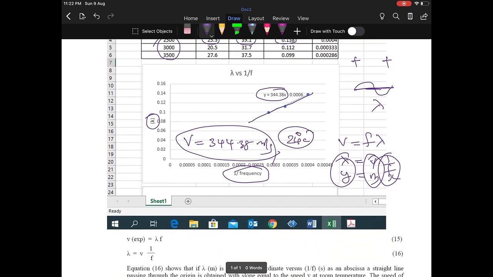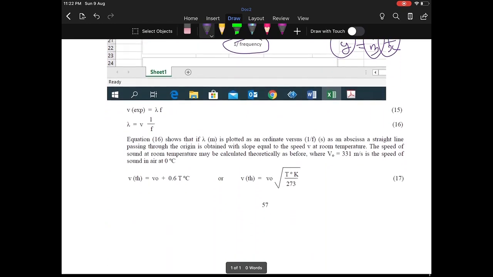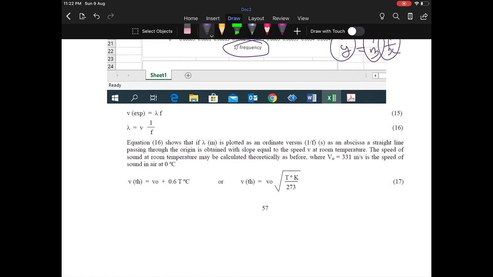Also, we can calculate the theoretical value of the velocity of sound by the known relation V theoretical equal to V0 plus 0.6 times the temperature, where V0 is the velocity of sound at 0 degrees Celsius, which is known to be 331 meter per second. That means it will be 331 plus 0.6 times 24.